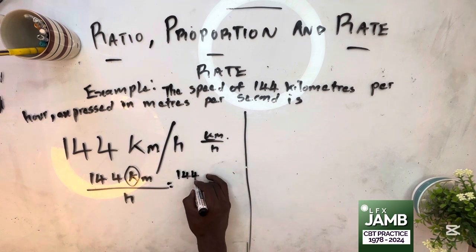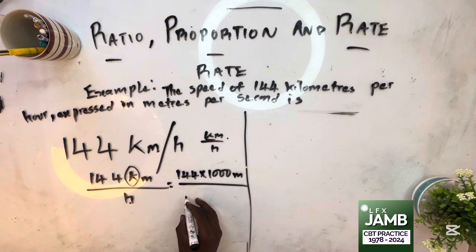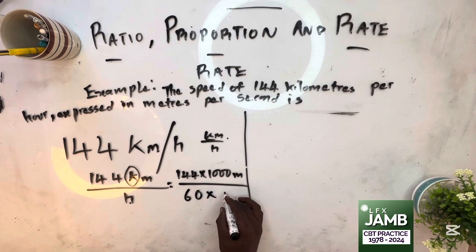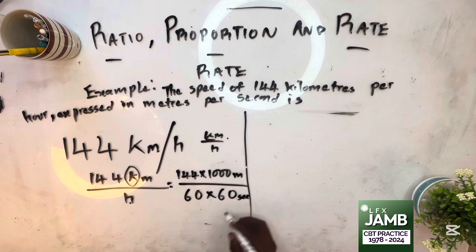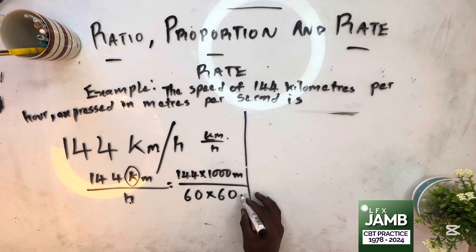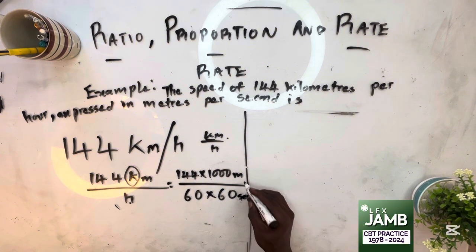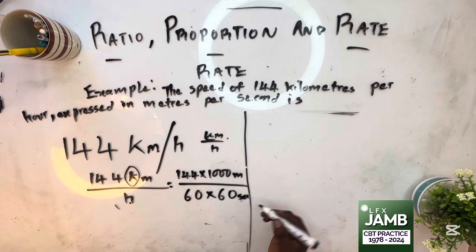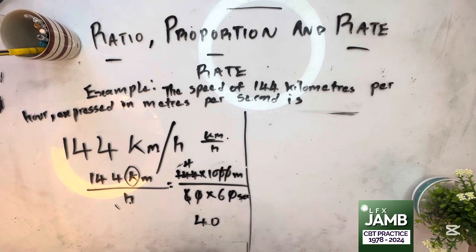So we have 144 times 1,000 meters over, here we are having 60 times 60 seconds, to remove hour. So here we are now having meters per second, meter over seconds. That's what it means. So let's cut and simplify. So here we are having 40 meters per second.